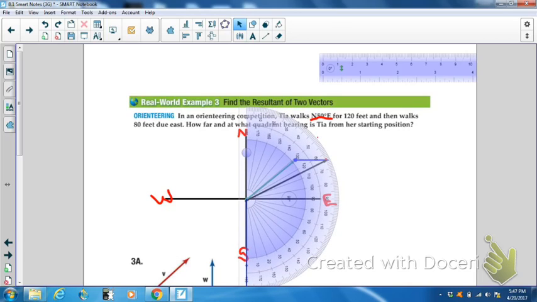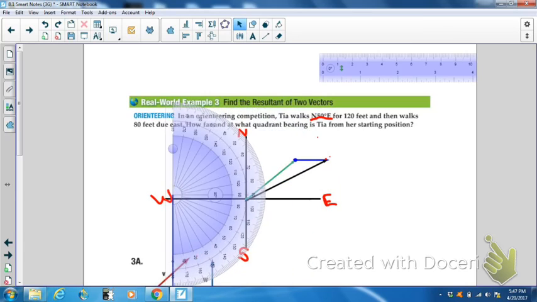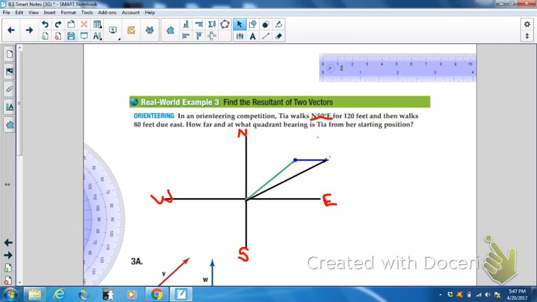So it looks like that Tia is, it looks to be about 63 degrees. So I'm going to add to that her bearing is north 63 degrees east.